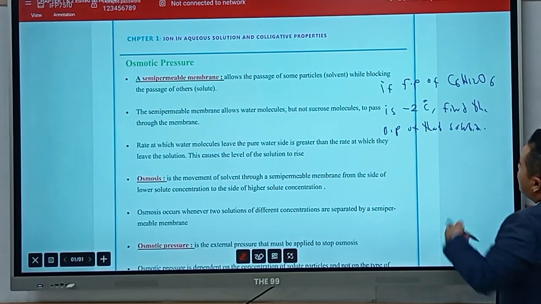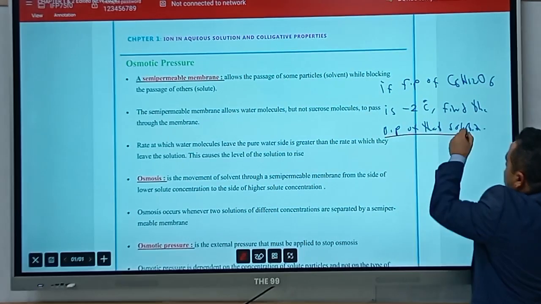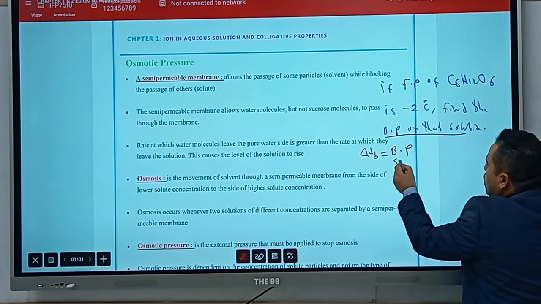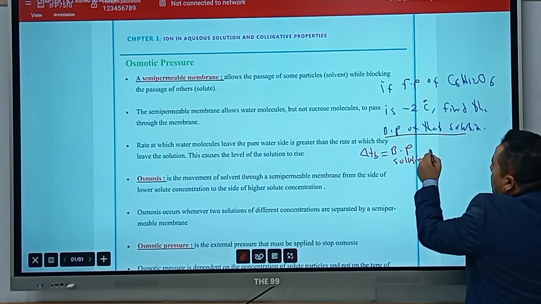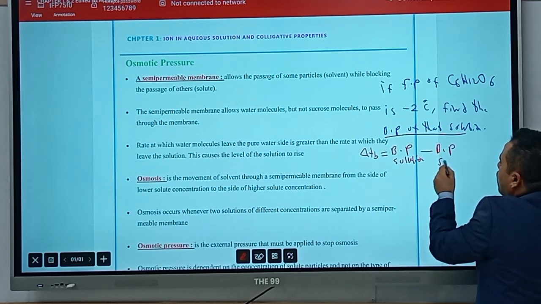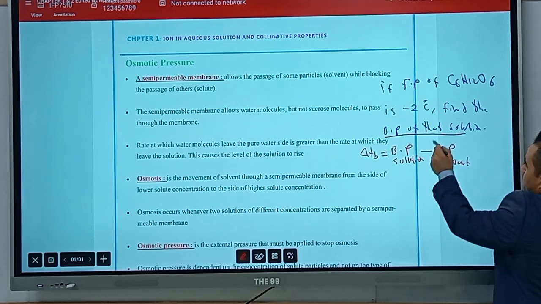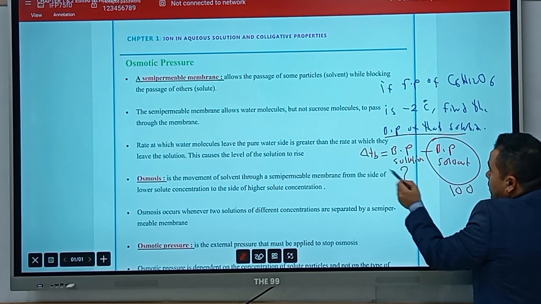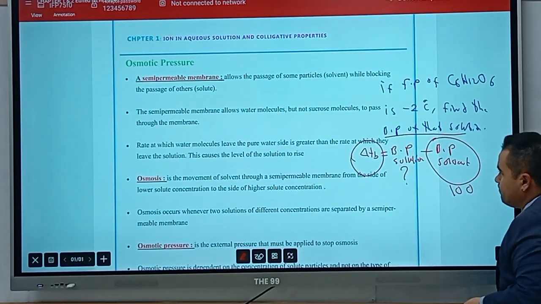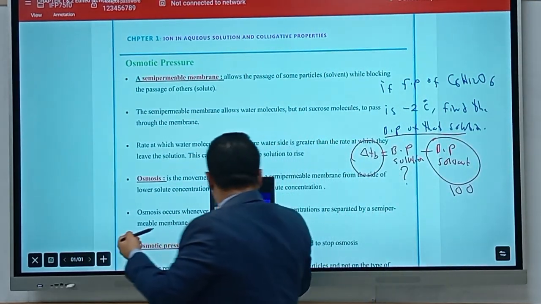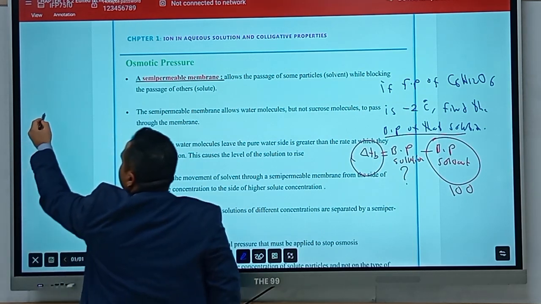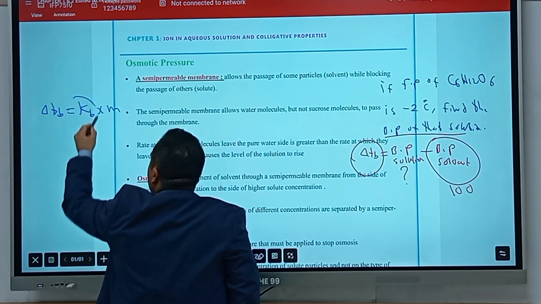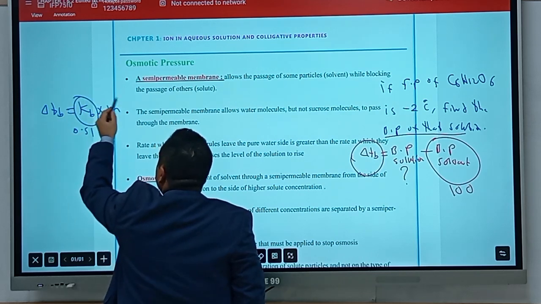First of all, try to write what's the requirement: the boiling point of the solution. Guys, delta TB is equal to the boiling point of the solution minus the boiling point of the solvent, which is 100. So in order to calculate this, we have to find delta TB. For this, we have another equation of delta TB, which is equal to Kb multiplied by m. We have Kb, 0.51, but we don't know m.